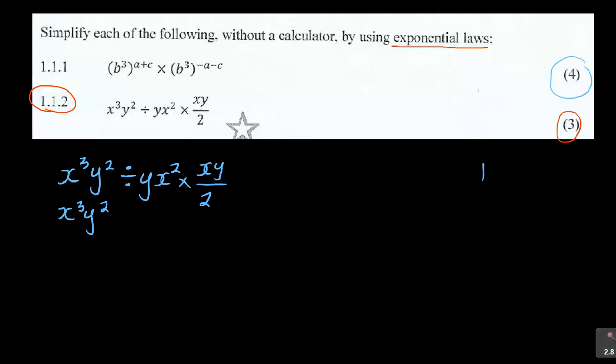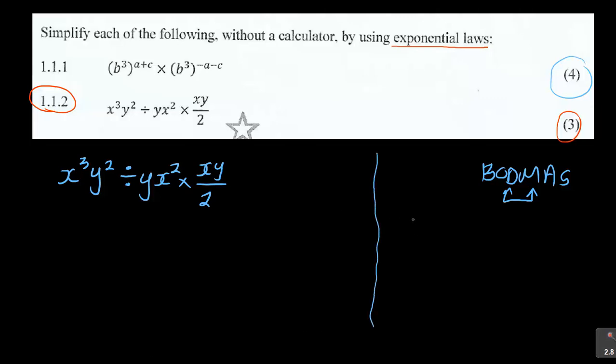I'm using, if you remember, BODMAS, and division starts before multiplication, if you still remember. So it's x cubed y squared. Now divided, actually let me just use the laws of exponents now, because they say exponential laws.